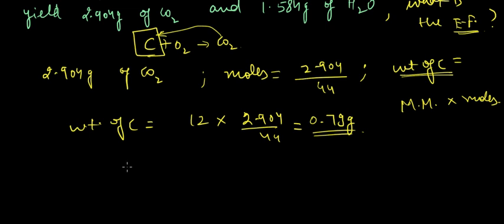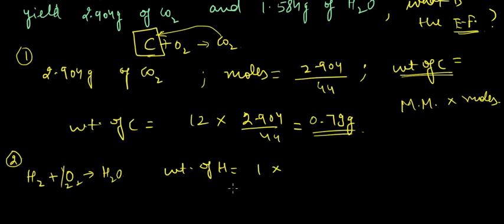Similarly, hydrogen from the organic compound will react with half mole of oxygen to form H2O. Similarly we can calculate the weight of hydrogen: 2 into 1.584 over the molecular mass of H2O, which is 18. So this will come out to be 0.176 gram of hydrogen.